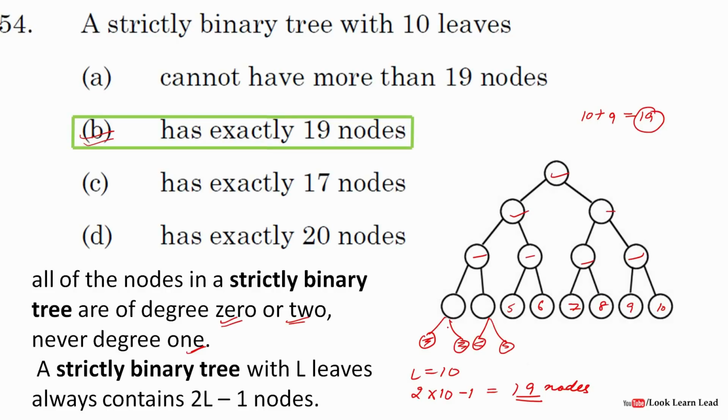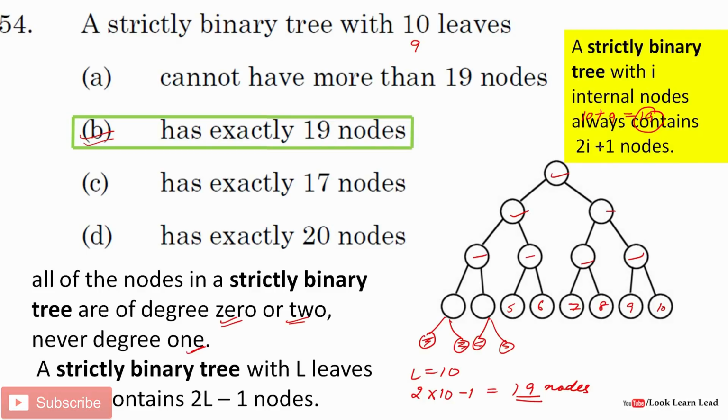Sometimes it can be asked, a strict binary tree with 9 internal nodes has how many nodes? So there is a formula for that also. A strict binary tree with I internal nodes always contains 2I plus 1 nodes.